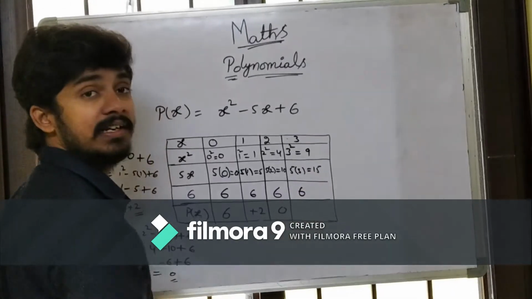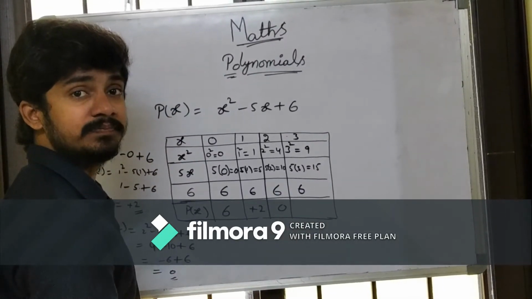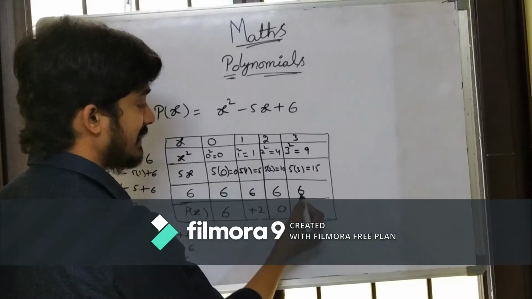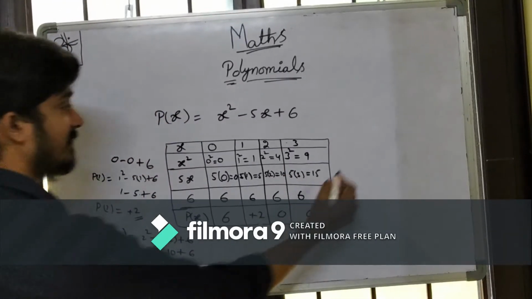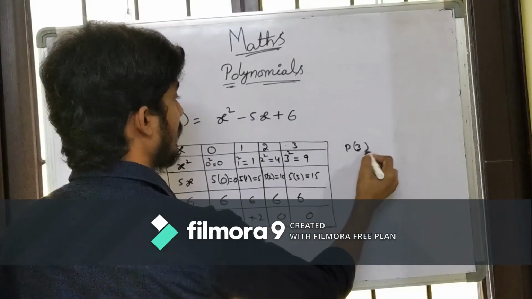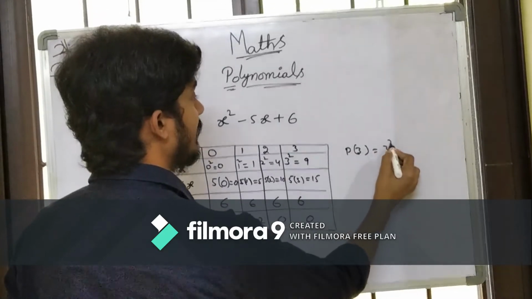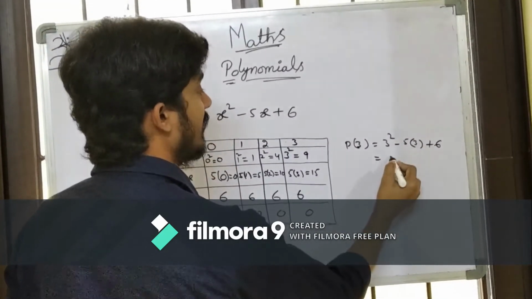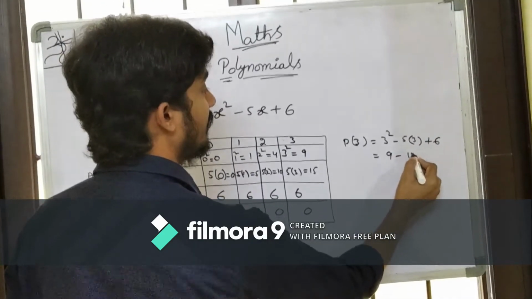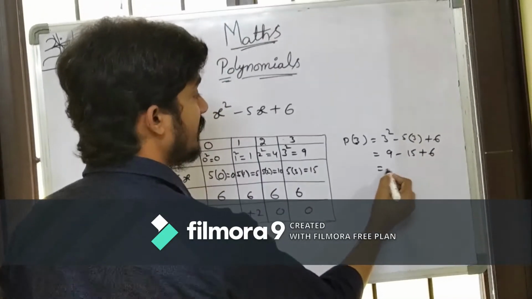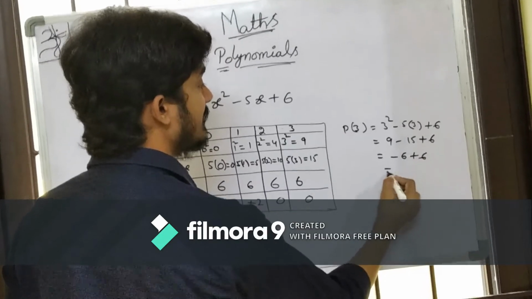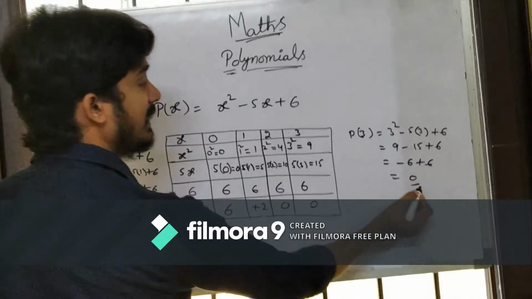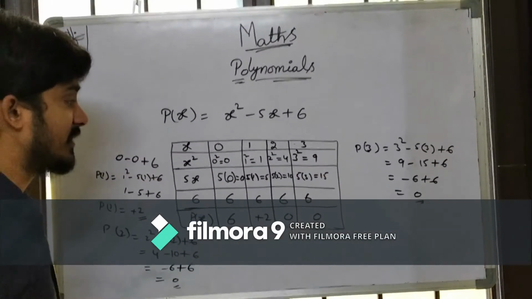So 9 minus 15 is minus 6, plus 6 is 0. That means p of 3 is 3 square minus 5 into 3 plus 6, which is 9 minus 15 plus 6, giving 0. P of 3 value is 0.